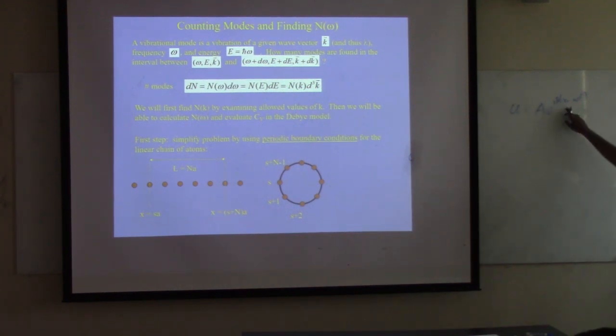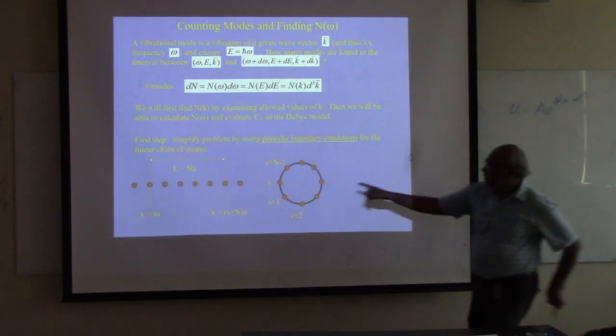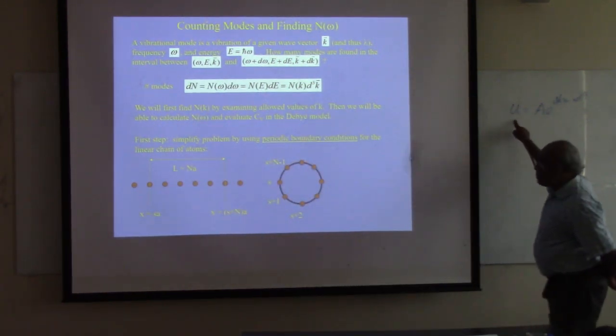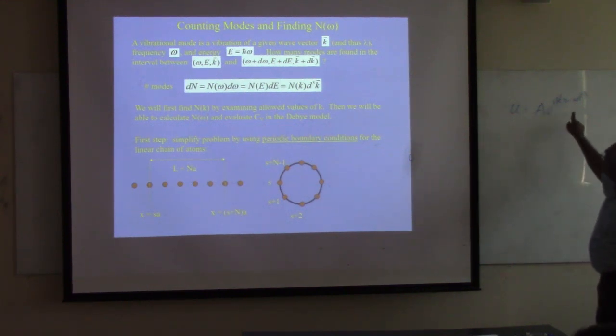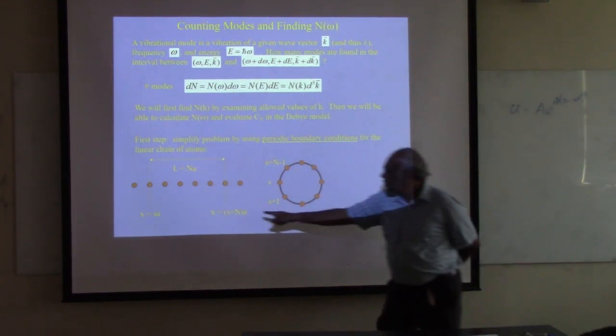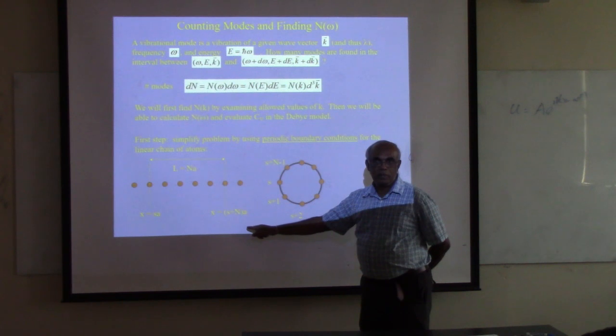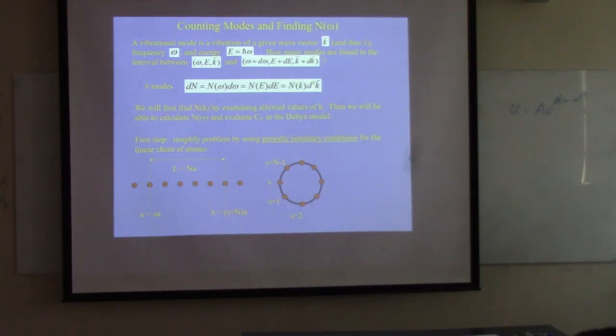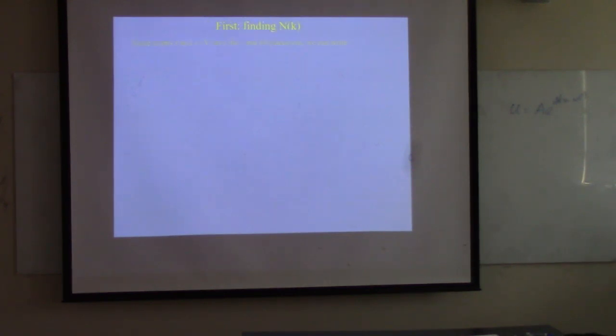So when x equals s, that u value is the same as when x equals s plus N. They both have the same u. If I write the solution at s and s plus N, is that clear?